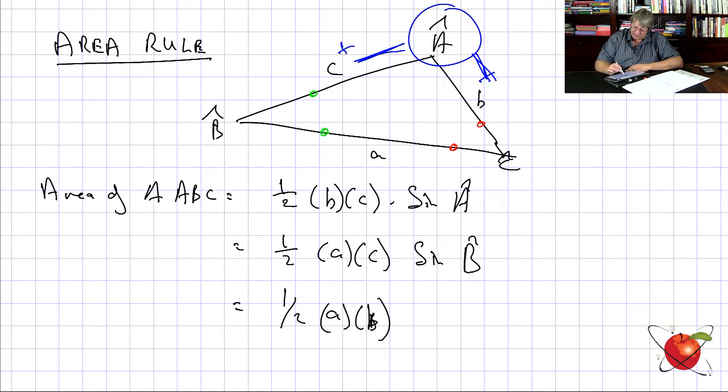That's the included angle, isn't it? So whenever you're asked for the area, you know straight away. You can pick it up without even blinking. It's a straightforward sort of thing.